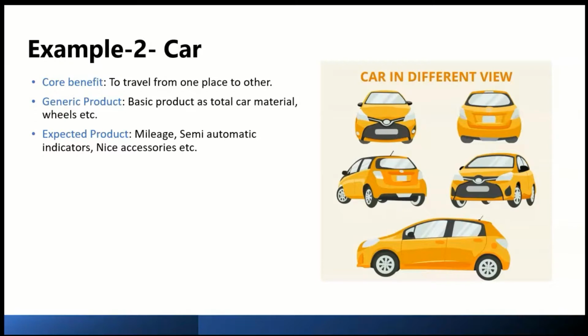It can be mileage, semi-automatic indicators, a very good gearbox, a music system, or some nice accessories like seat covers, or you may look out for good wipers, or different leather accessories on your seat covers. So there are different things available. So you expect something when you buy a product and go for a car.